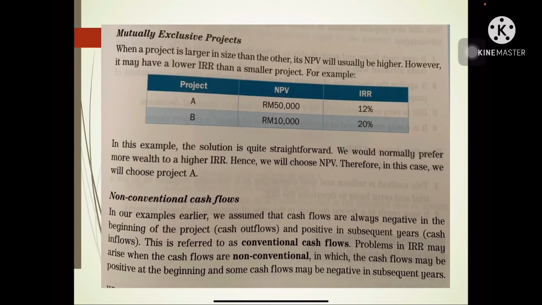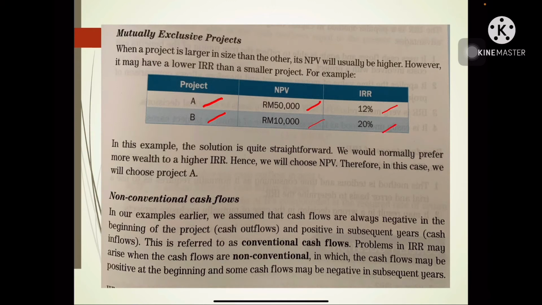So here, for mutually exclusive projects, when a project is larger in size than the other, its NPV will be higher. However, it may have a lower IRR than a smaller project. For example, for project A, the NPV is 50,000 and the IRR is 12%. For project B, the NPV is less, which is 10,000, but the IRR is higher.